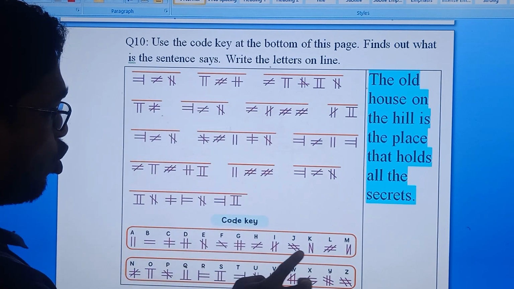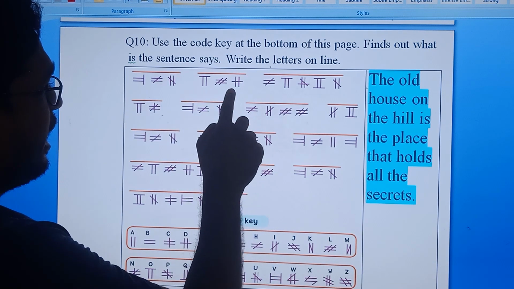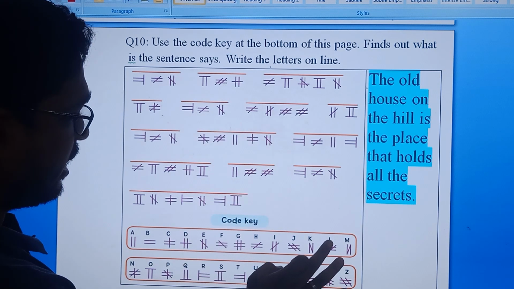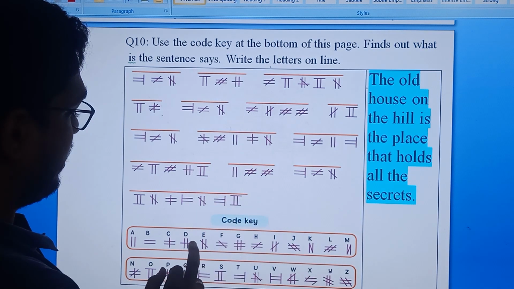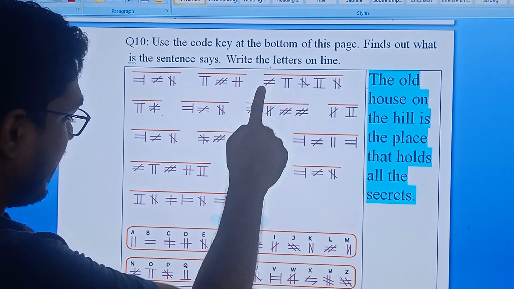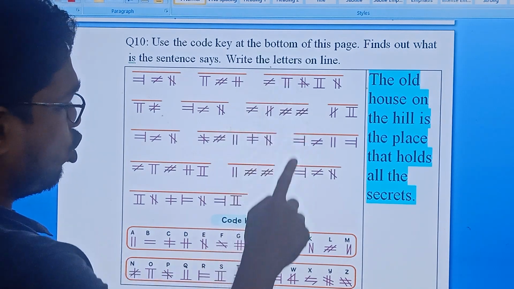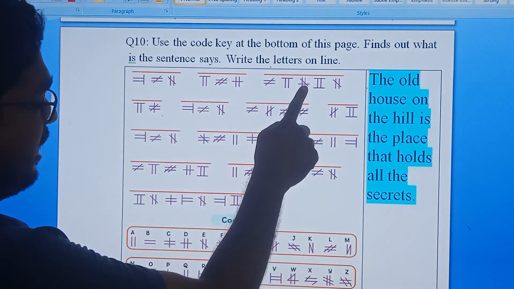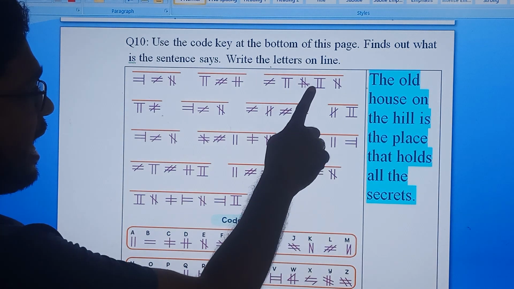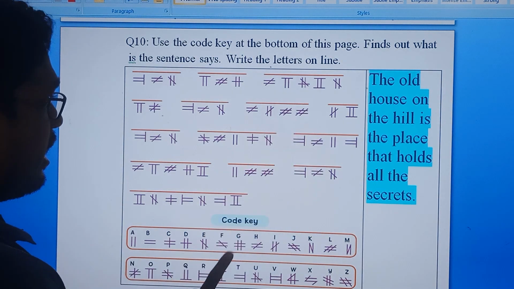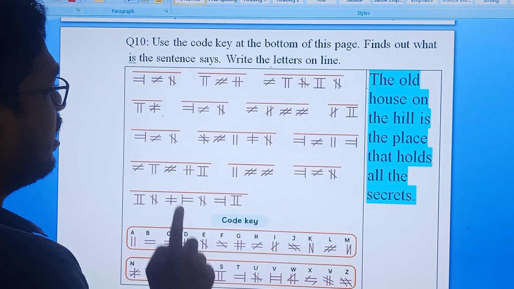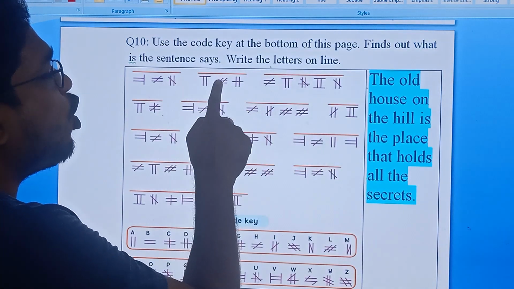This is O, and it's L and it's D. Next, it's H, O, U, S and E. House, the old house.